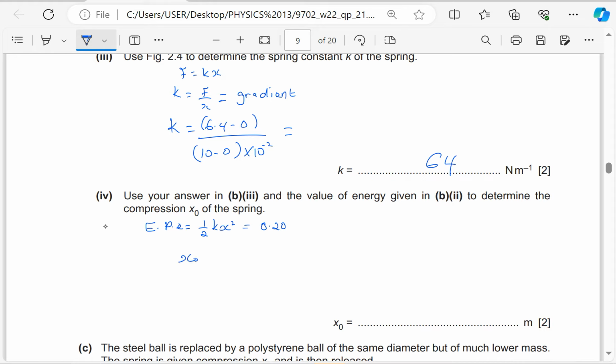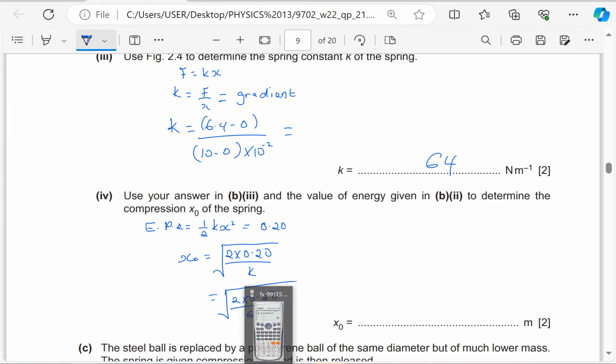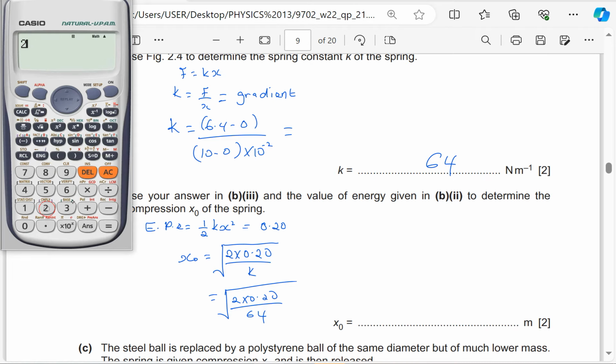So x naught is going to be the square root of 2 times 0.20 divided by k, which is 64. So 2 times 0.2 divided by 64, then I find the square root.